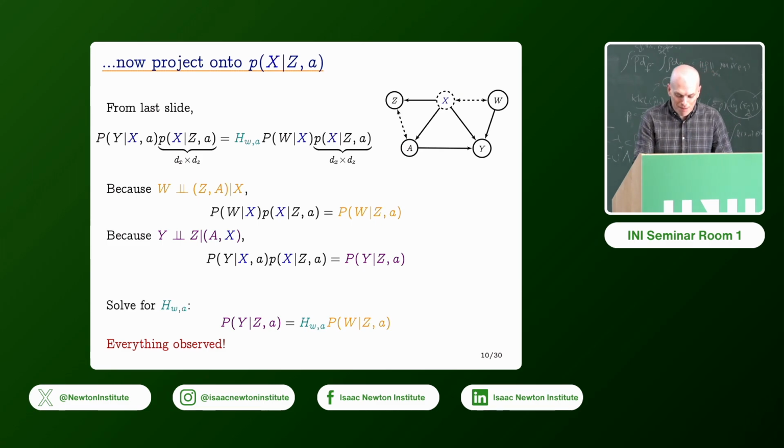Basically, it means that different X's should have different distributions over W. It's not that I can recover X uniquely and deterministically from W. It's just that the distribution over the data should be different for different values of little x.